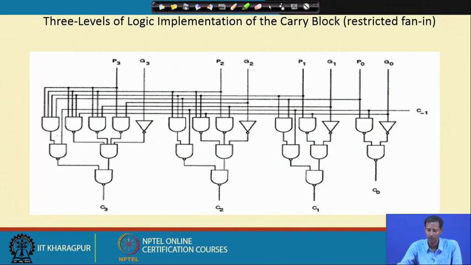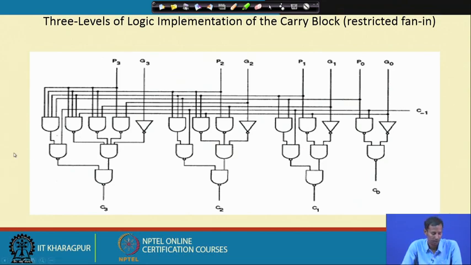For this I restrict to 4, for this I restrict to 3, and for this I restrict to 2. So in this case the fan in is restricted to 4, in this case to 3, in this case to 2. From the circuit I am telling.